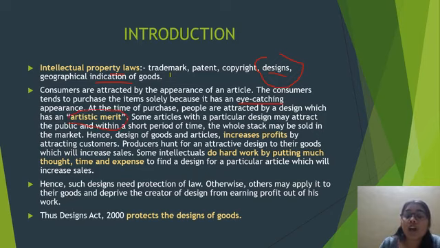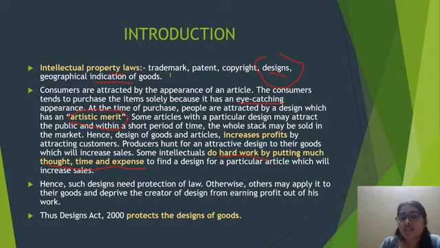Which means that the designs protected under the Designs Act are those which are applied on an article or a product and which have an artistic merit, that is, they are eye-catching, and they are the effort or hard work of a person, the proprietor or the designer, who put much thought, time and expense into finding a design for a particular article.